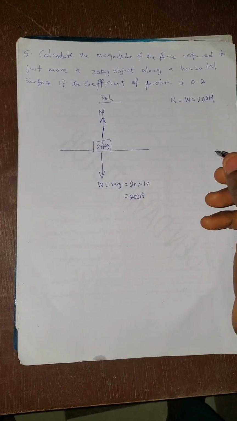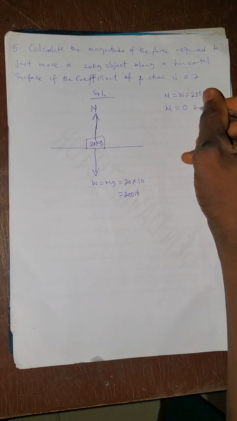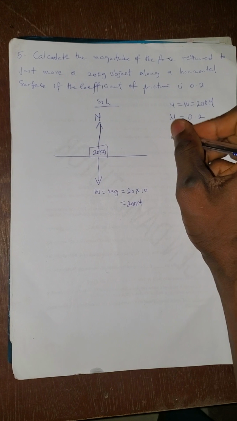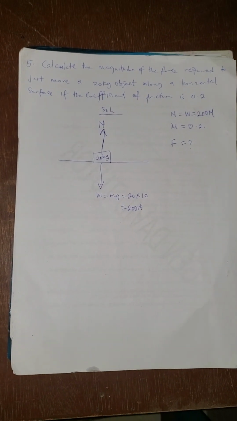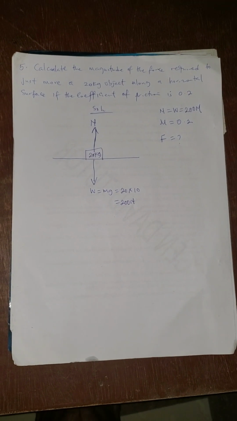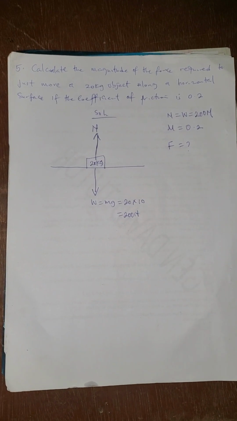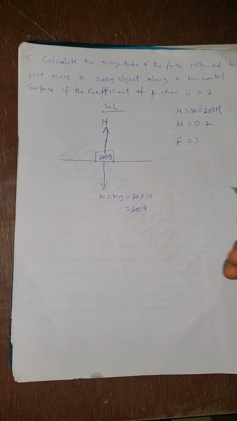Now the question is, we are given the coefficient of friction, which is 0.2. Then we are asked to find the force that will be required to move the object along the horizontal. The force required to move is the force that will overcome the static friction.